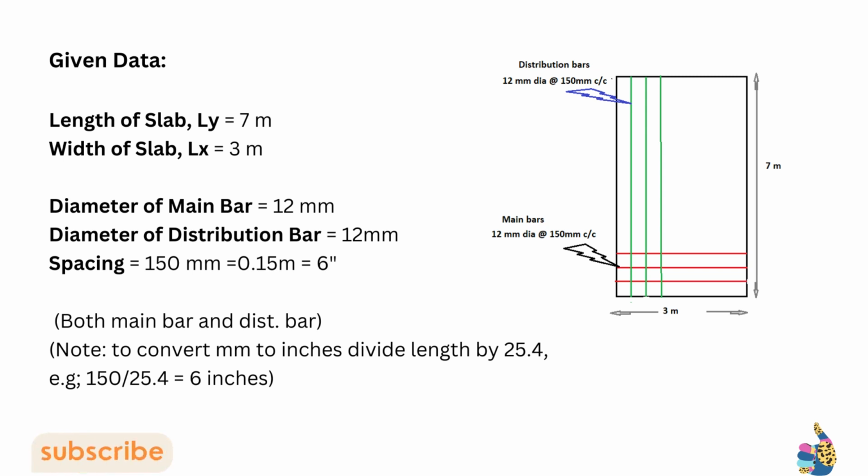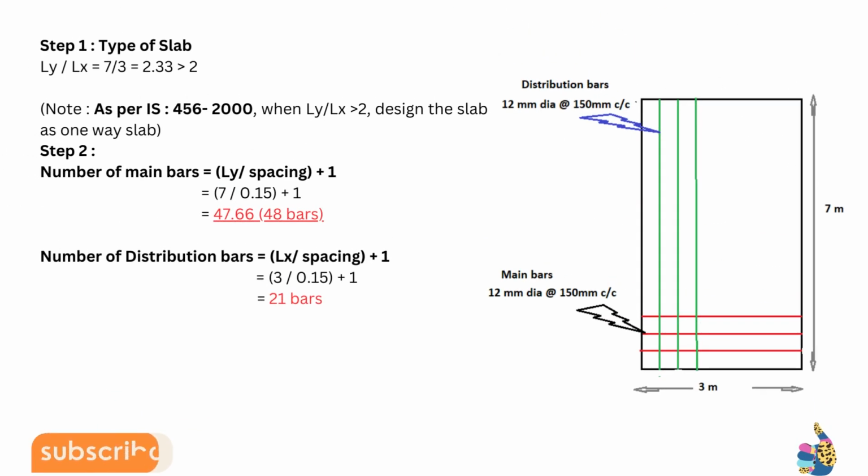And one more thing, the main reinforcement is provided along the shorter span and the distribution steel is provided along the longer span. I will explain why. As we see in step 1, type of slab, we have to check which type of slab it is.